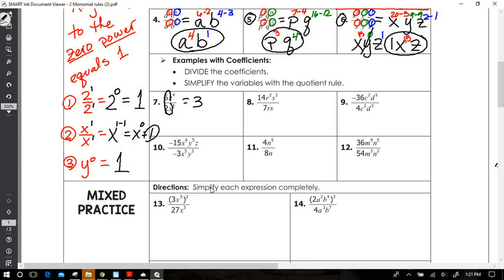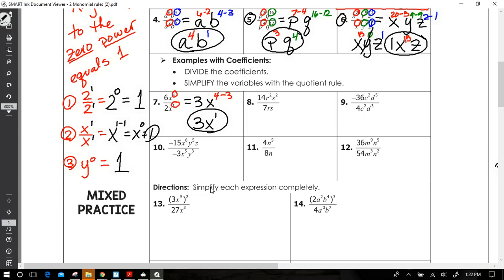Okay, so we already know how to do that. I just don't want you to forget that you know how to do that, okay? We treat the coefficients the same way that we would normally treat any numbers. All right, so 6 divided by 2 is 3, and then I have x to the 4th power minus the 3. And so my final answer here is 3x to the 1st power.